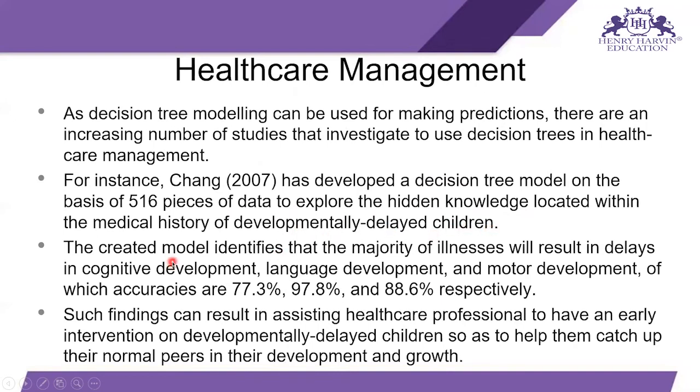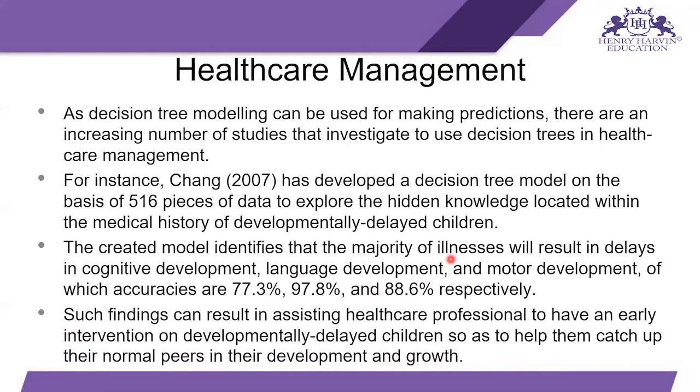The created model identifies that the majority of illness will result in delays in cognitive development, language development, and motor development, of which accuracies are 77.3%, 97.8%, and 86.6% respectively. Such findings can assist healthcare professionals to have an early intervention on developmentally delayed children so as to help them catch up with their normal peers in their development and growth.